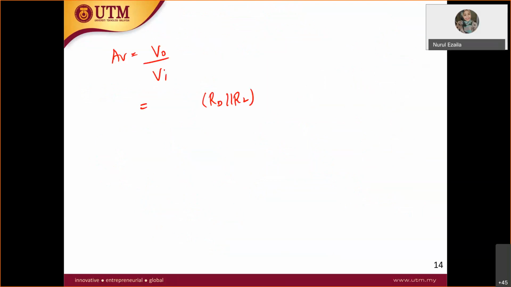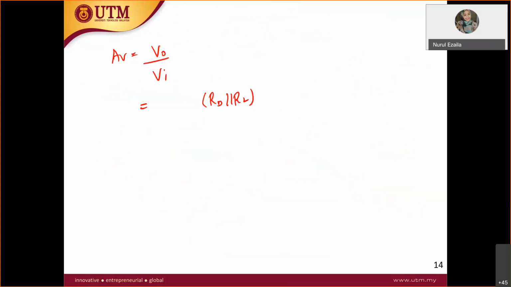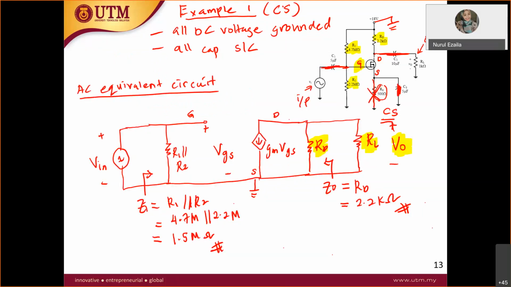What about your current? The current is in the opposite direction, so you are going to take the current source there, GM VGS, with negative. And V in is equal to the VGS.